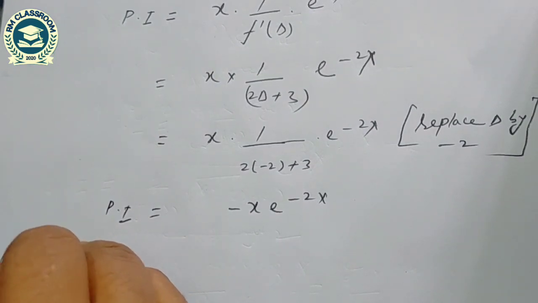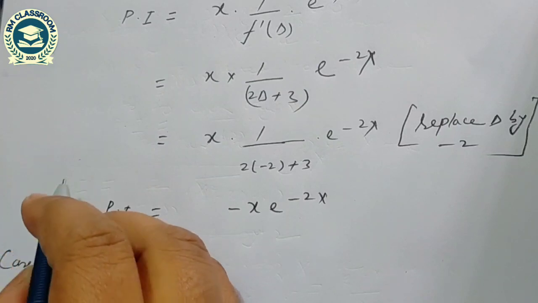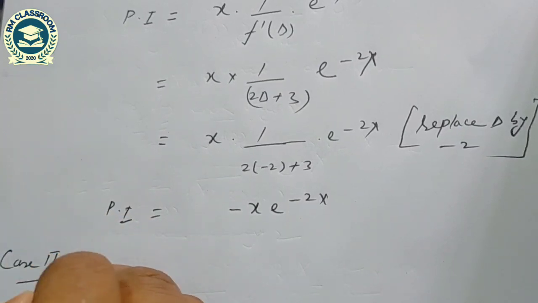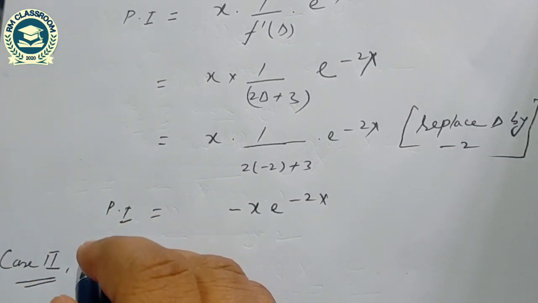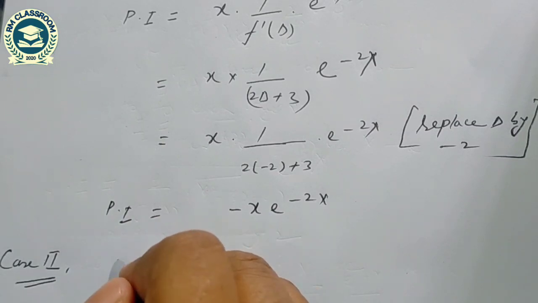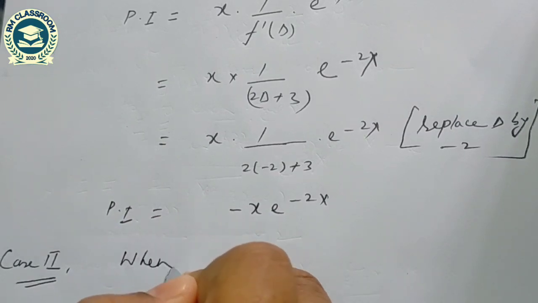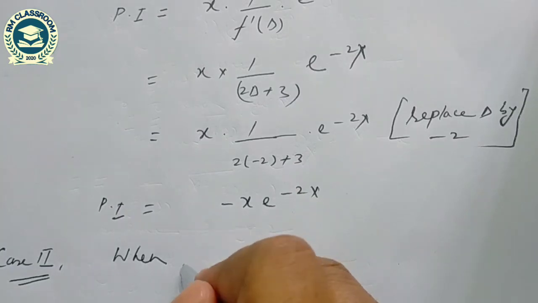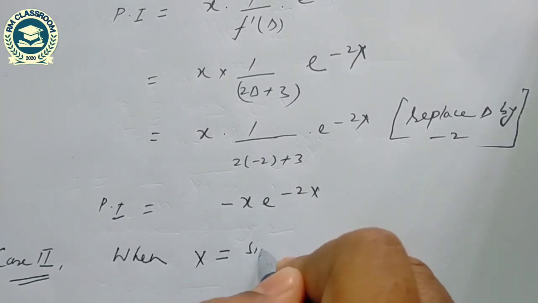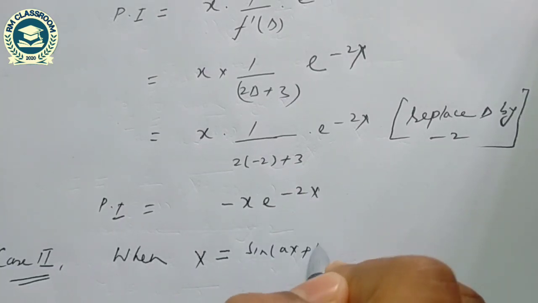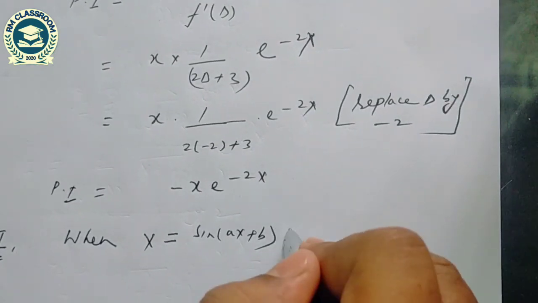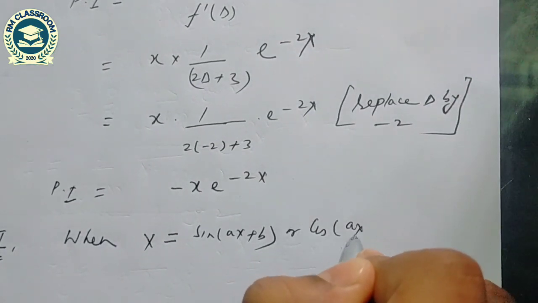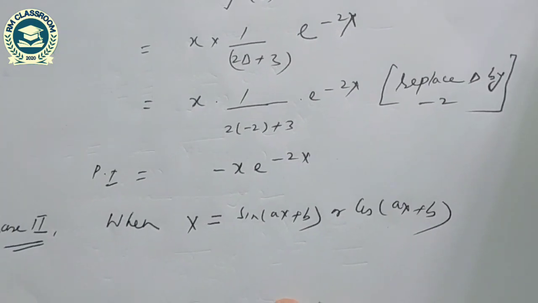So another case, the second, is when our function is sinusoidal, sin x or cos x. So when X is equal to sin(ax + b) or cos(ax + b), what will happen?